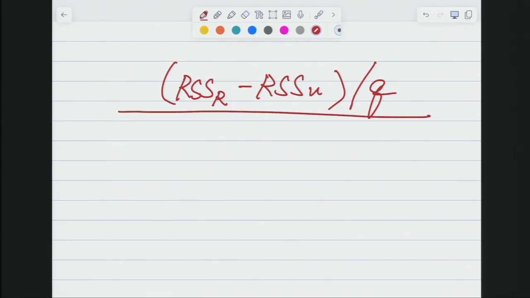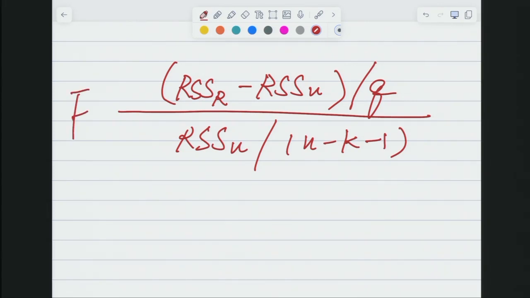And in the denominator, we have the RSS associated with the unrestricted model divided by the degrees of freedom in the model. So it's really about comparing the model fit. This is a correct statement. If you're unfamiliar with the F statistic formula, it's time to check the notes on topic 2.